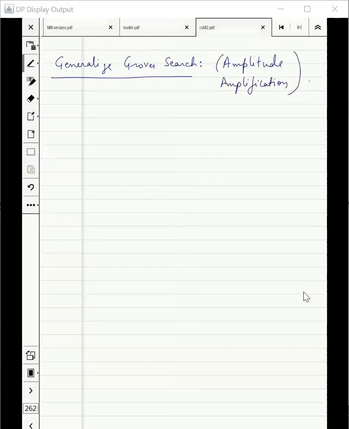Let's go back to Grover search. What was it doing? We had a set X of all elements. Let's say X0, which was a subset of X, was the set of bad elements. These were the unmarked elements.